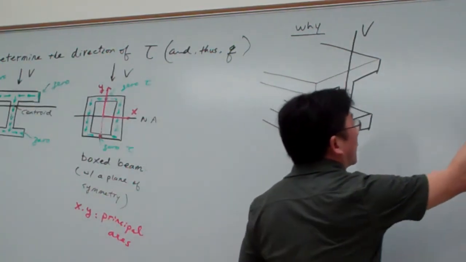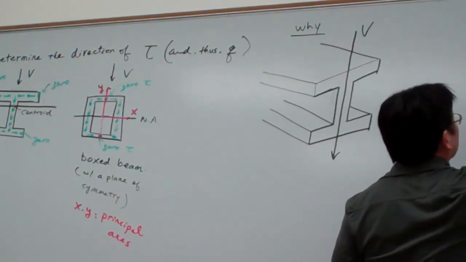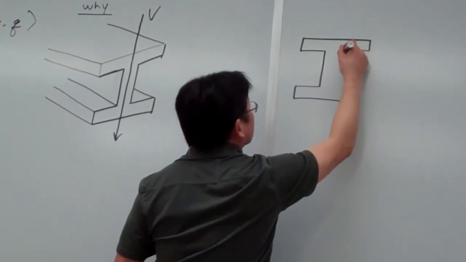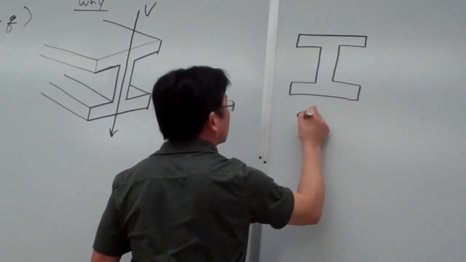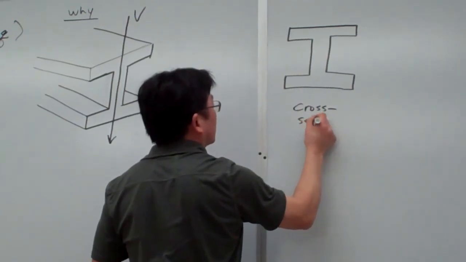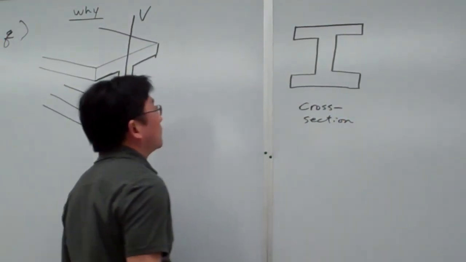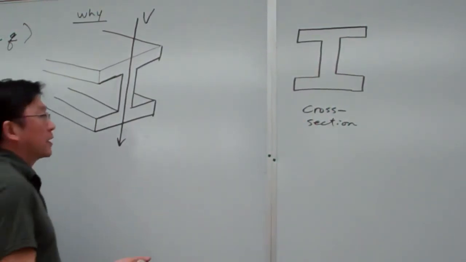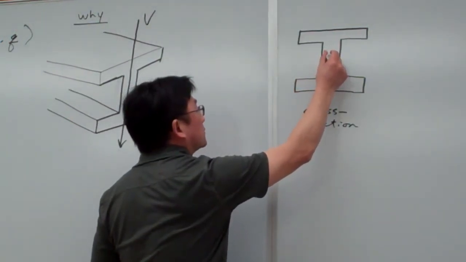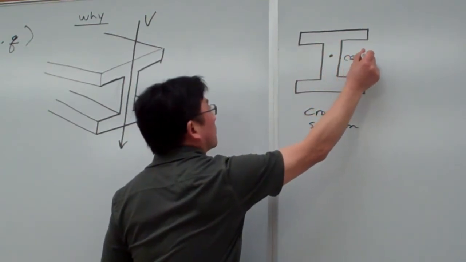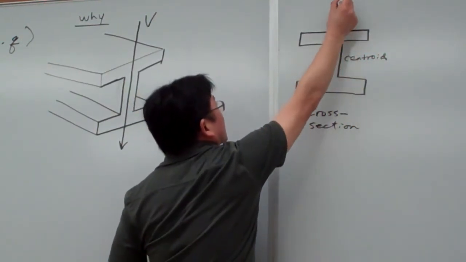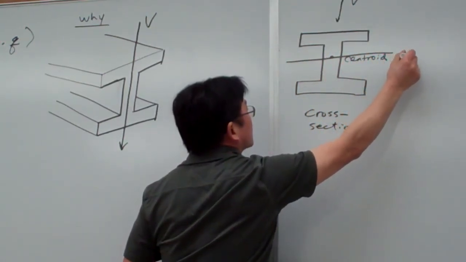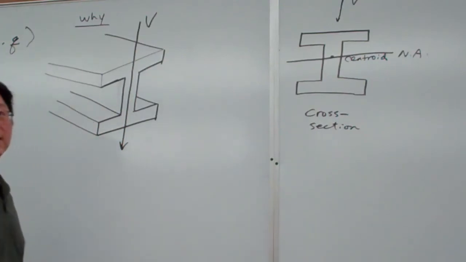Then you draw the cross section in two dimensions. Now the first step, again, we identify the centroid. This is the direction of the V. From here, we identify our neutral axis. That is always the first step.